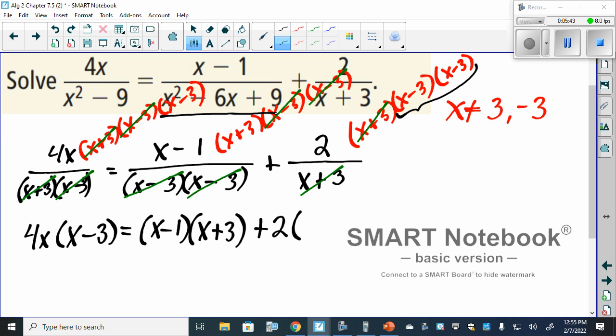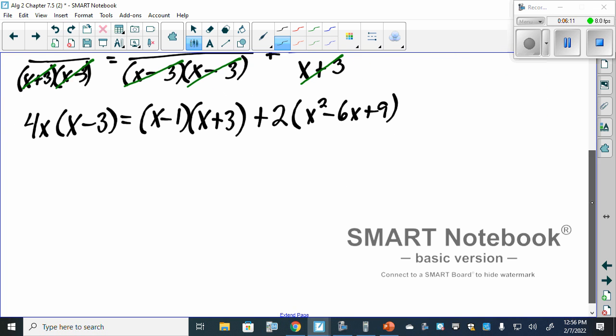So I could rewrite this as x minus 3 times x minus 3, and when we multiply them together, we get back to x squared minus 6x plus 9, because that's where I got those two from. Writing it that way just skips a step in solving; we don't have to multiply that one back out. Any questions on how we got to this?